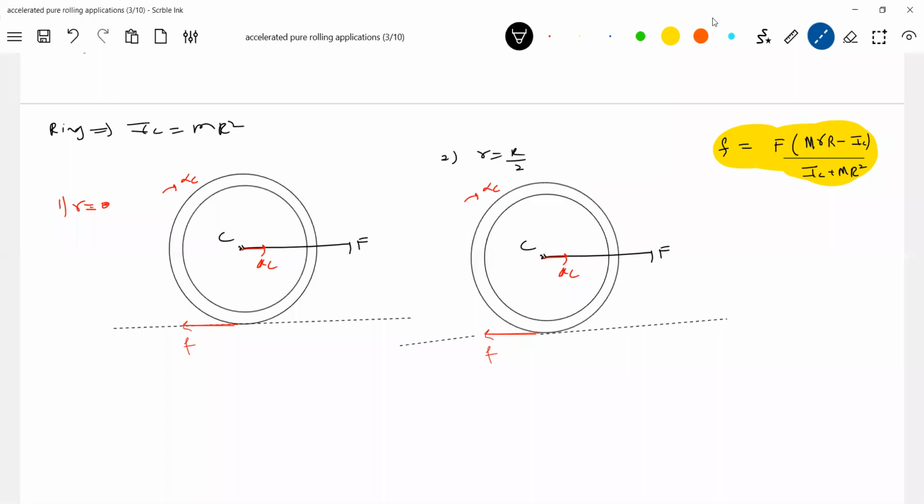We have to check in what direction the friction will act here. What about the friction? Okay, let's substitute. What is IC equal to? MR square. Substitute here small r equal to R by 2.